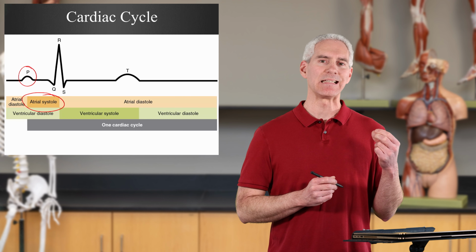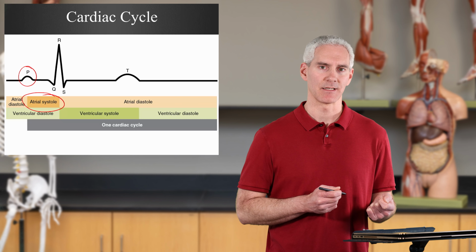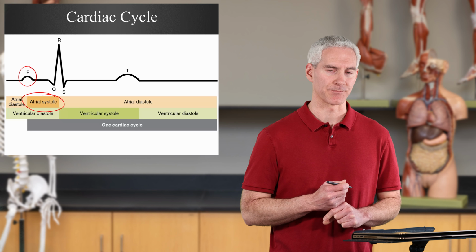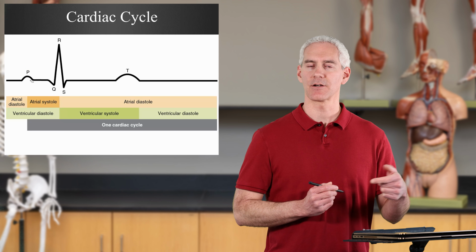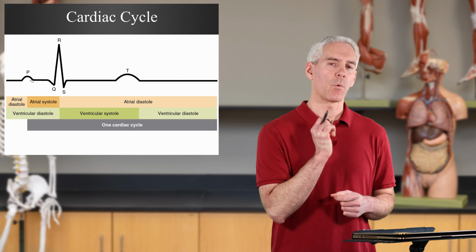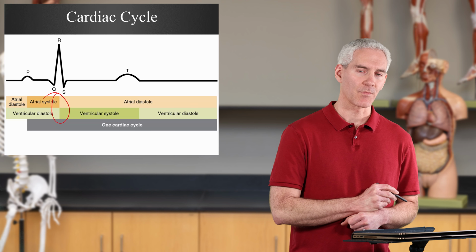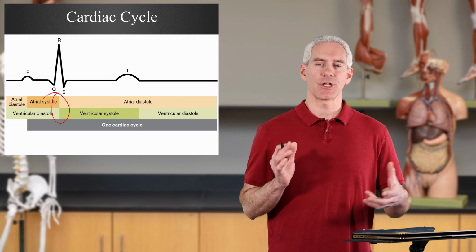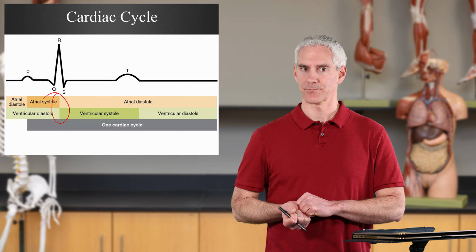The P wave initiates, so the SA node initiates atrial depolarization, or atrial systole. It continues through the PR segment, keeps contracting all through. But when you hit that QRS complex, here's the changeover. Atria will change over and start to relax. You change from atrial systole to atrial diastole.